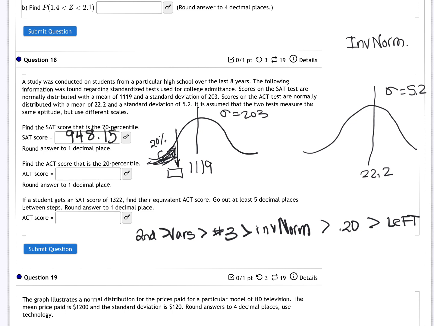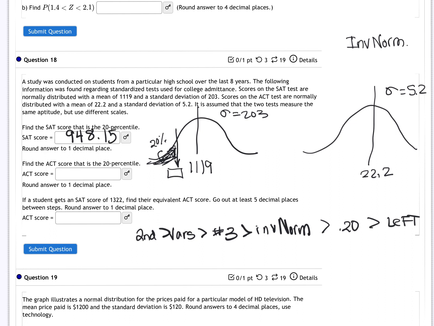If I were using Excel on this, I'm going to go ahead and launch Excel. Everybody has Excel, even if you don't know it, through EOU, and it's the Microsoft 365, and you can download Excel from there.